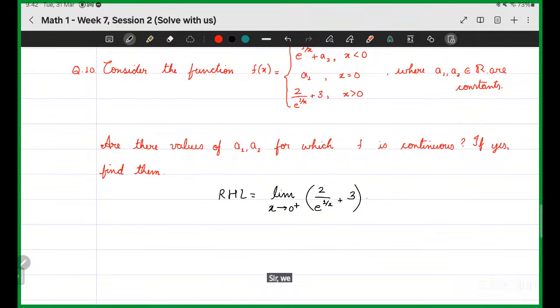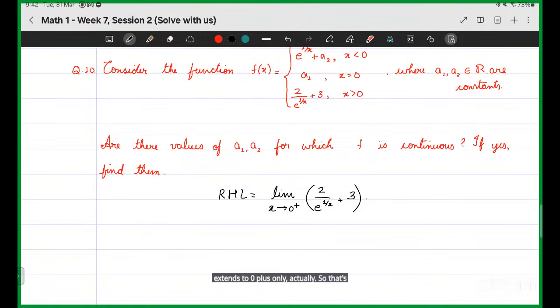Sir, we can find the limit of e to the power 1 by x when x tends to 0 plus. What is that actually equal to? That is a very large number. 1 by x tends to infinity, if x tends to 0 plus.